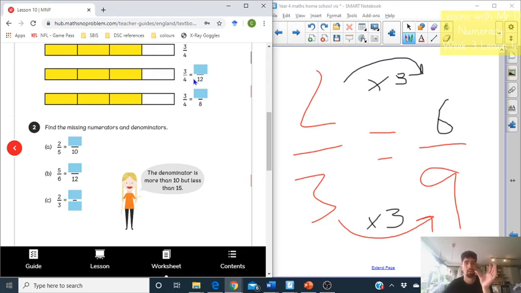When you talk about multiplication, you usually talk about things getting bigger, but fractions are just different because you're dealing with parts of your whole. So when you're getting the denominator bigger, when you're timesing this by 3, it's not getting 3 times bigger, it's actually getting 3 times smaller. I know, it's complicated, but stay with it and you guys will be fine.